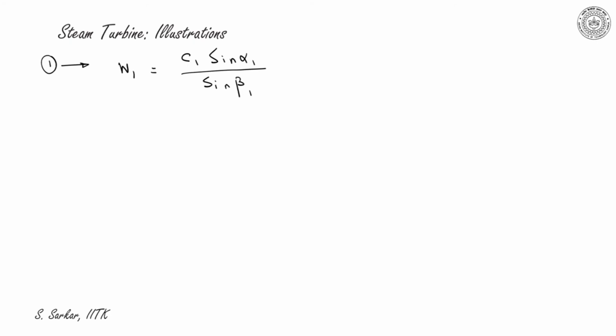I know alpha 1 as 20 degrees, C1 is 330. If you put all the values, you will get W1 as 212.54 meters per second. After evaluating W1, I can get W2 as K into W1, which you will get as 170.03 meters per second.